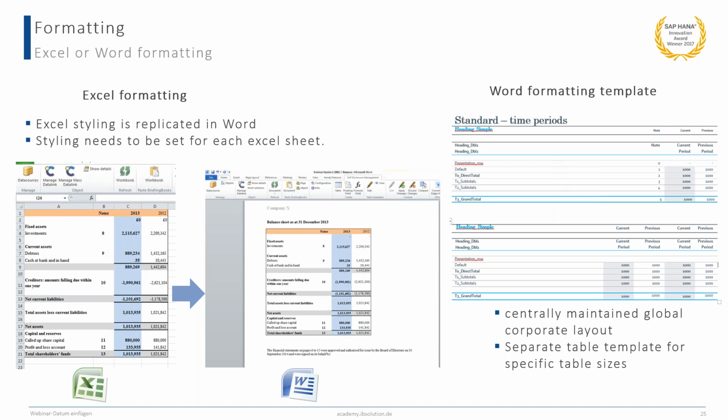What is great about this is that it's centrally managed, so if a change is required, you can update it in one place, and it's going to reflect across all tables affected. The only thing to consider here is that some of your notes and some of your tables can have many columns, various numbers of columns and sizes. So this means that you have to create a table in advance for every single type of table based on rows and columns.